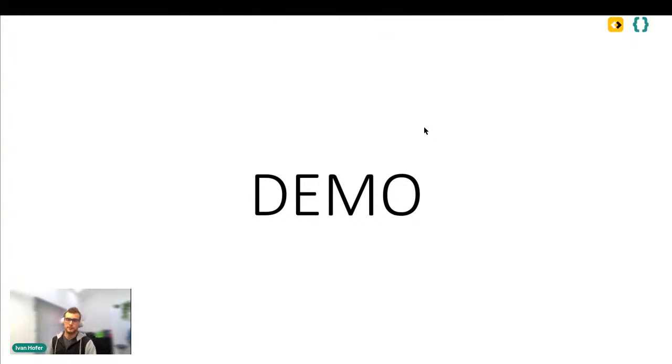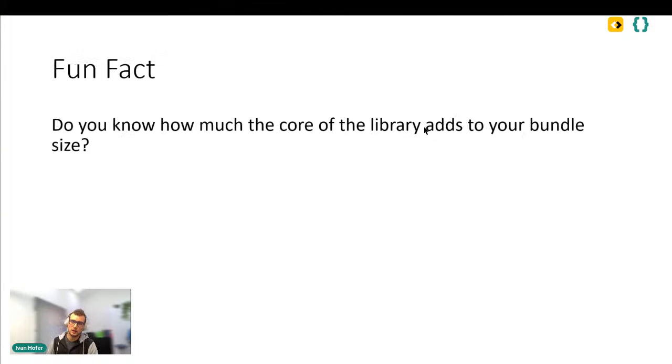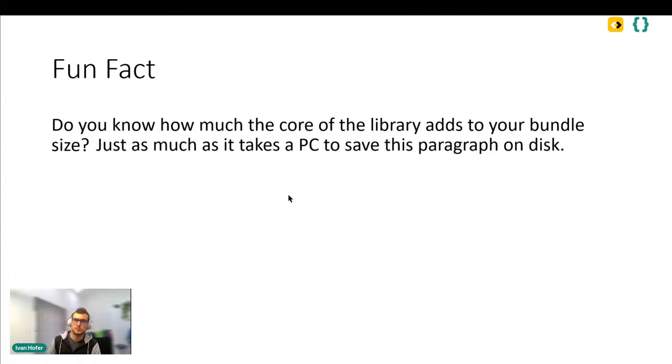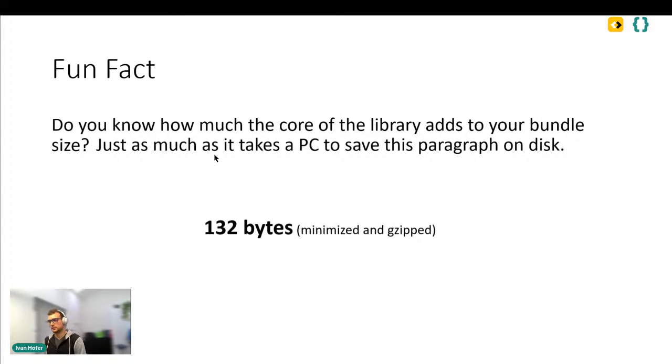And I have a fun fact for you. Do you know how much the core of this library adds to your bundle size? Just as much as it takes a PC to save this paragraph on disk. It is about 132 bytes, minimized and gzipped.